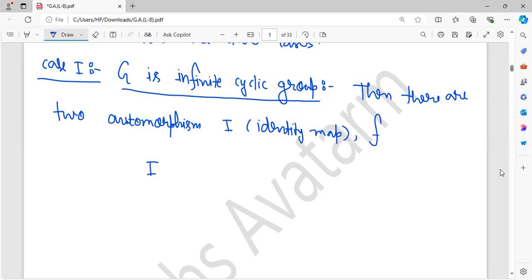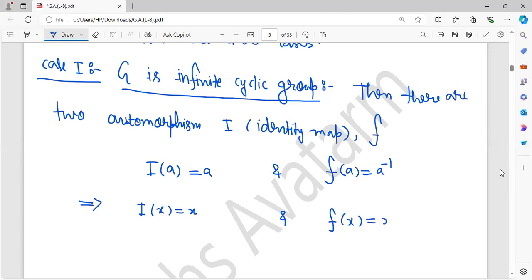Okay. So the identity map will map a to a, and f will map a to a inverse, because an infinite cyclic group always has two generators. From here, what we have? This map will be the identity map. And what will be this map? This map will send x to x inverse. You take any element, it will be a to the power k, and then it will come out as a inverse to the power k. So it will look like this. Okay.